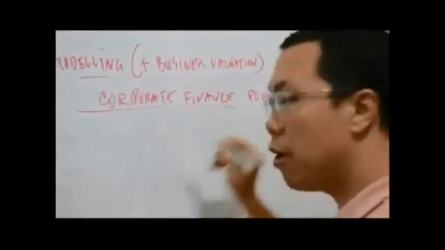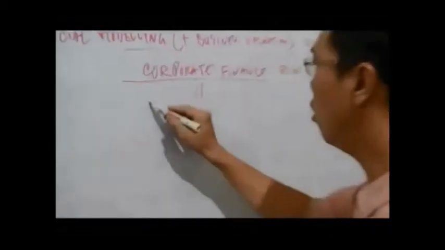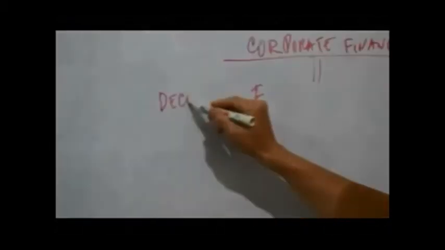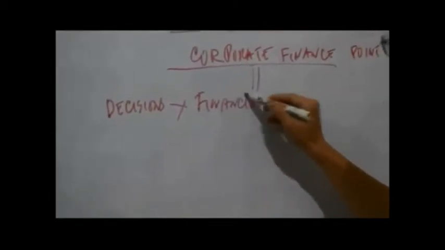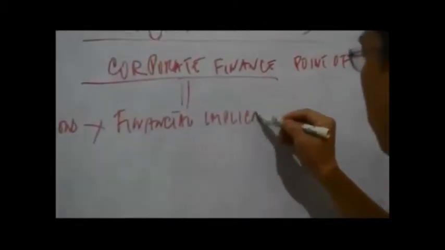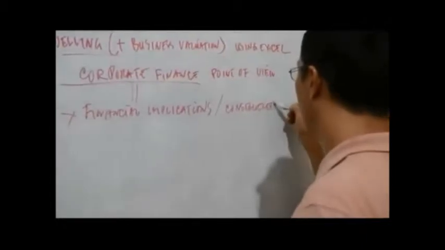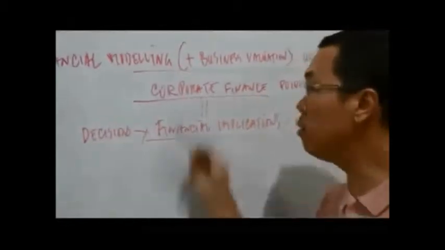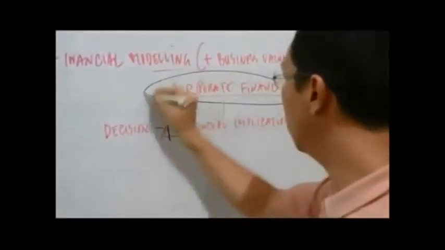Okay, we remember that corporate finance is all decisions in a business that can affect the finance of the business. So here we have a decision, and then you have a financial implication or consequences. So where are we on this financial modeling under the rubric of corporate finance?